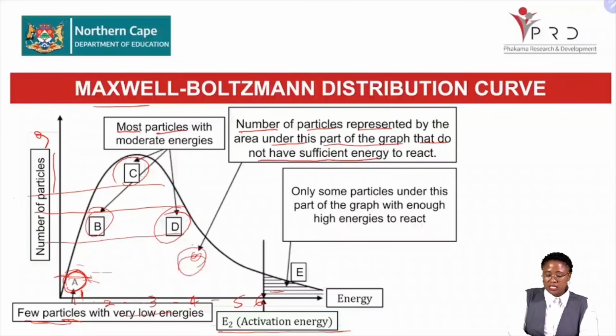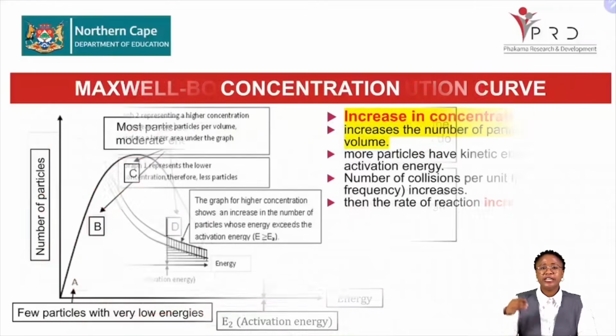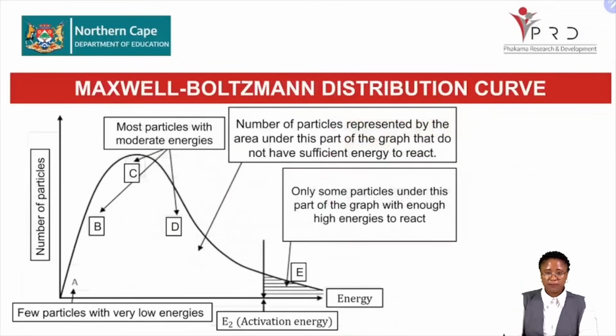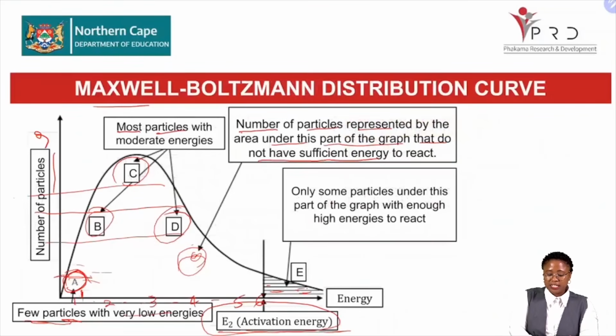Where do we get the number of particles that have more energy to react? Every time we see this shaded area over here, just after your activation energy. Remember, the activation energy is the minimum amount of energy that is needed for the reaction to take place. So just after it, in the shaded area, we have the number of particles that have enough energy, or high energy, to react. All right.